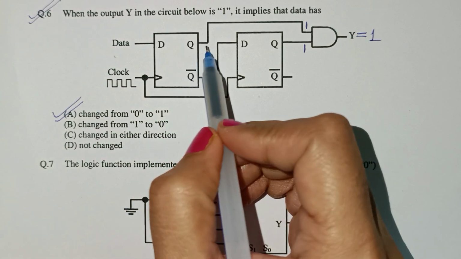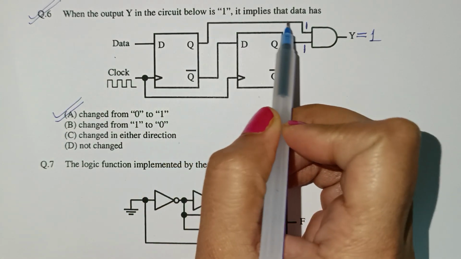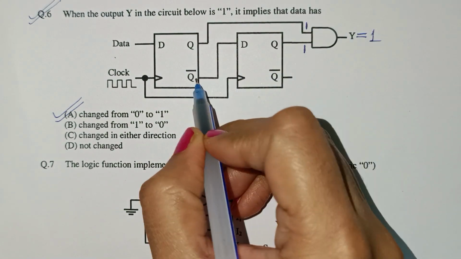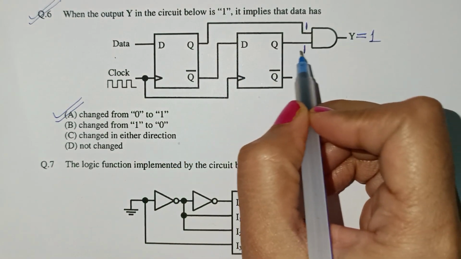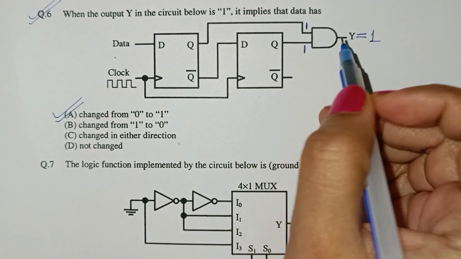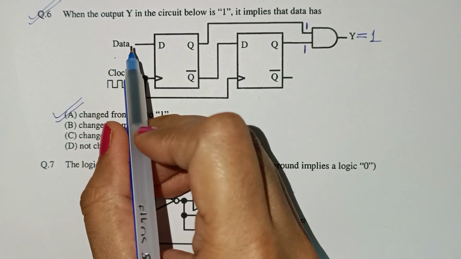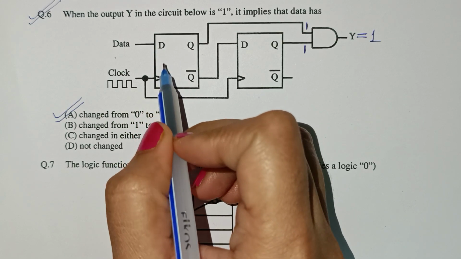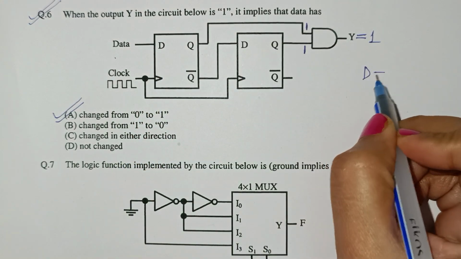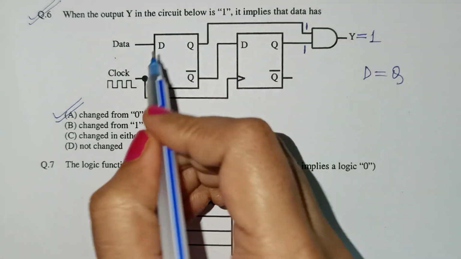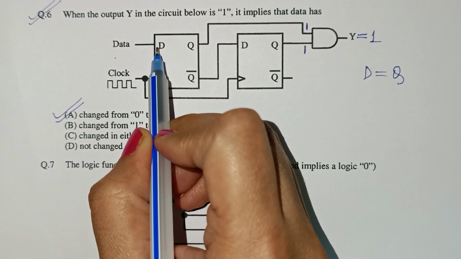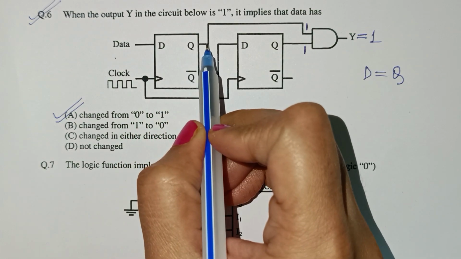This means that this Q has to be 1, and this Q is also 1. This is a D flip flop, and due to the condition that D is always equal to Q, whatever data we apply at the input is given as the output.